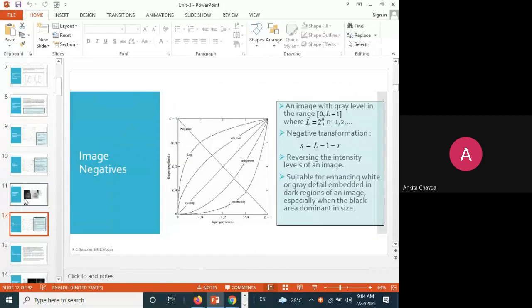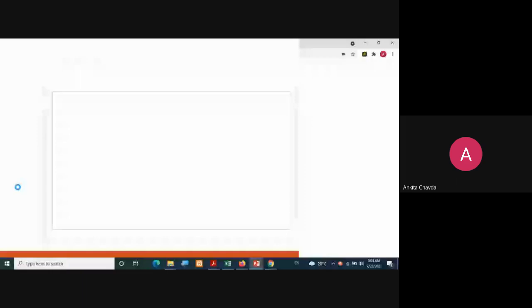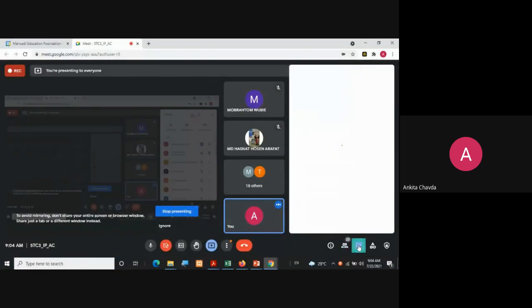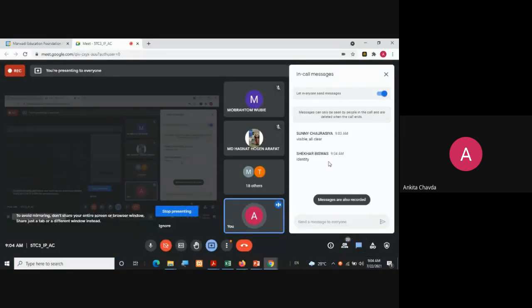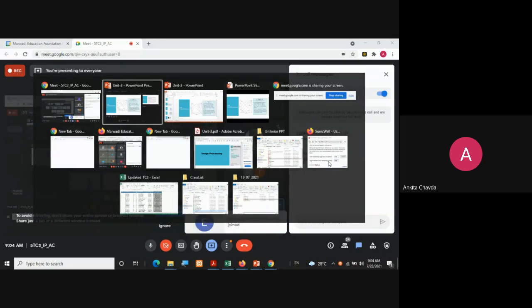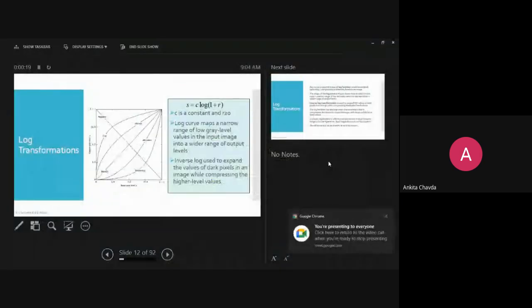Which three things? Log transformation, then the power law transformation, and negative. Yes, identity, negative. Good, so that is what we have seen.